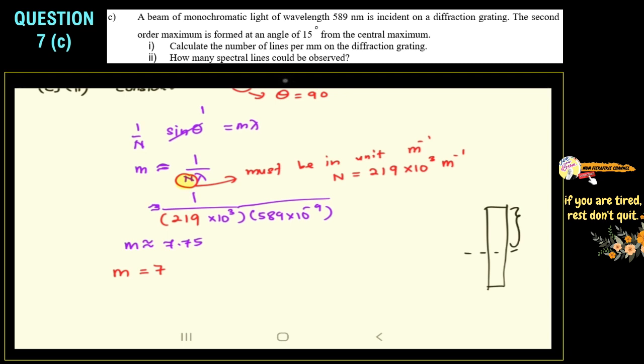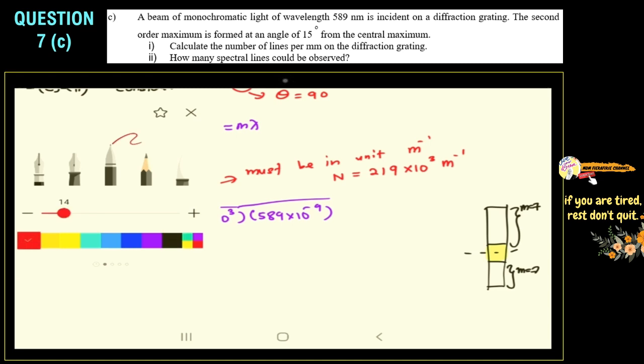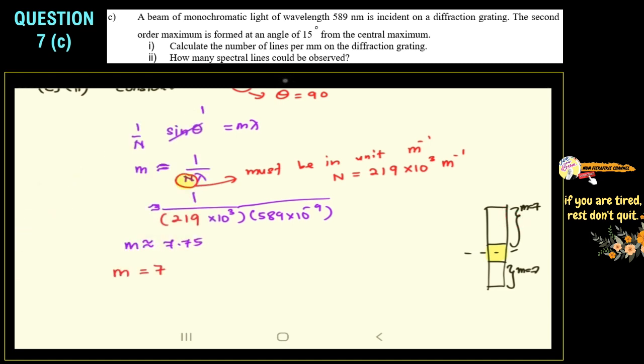So this one you can observe up to 7 order. Okay, so dia ada central bright fringe and this is also 7th order. Okay, so kita kena consider jugalah yang tengah ni.